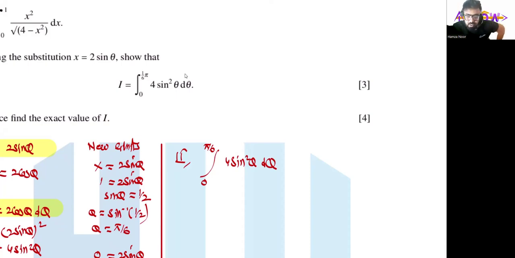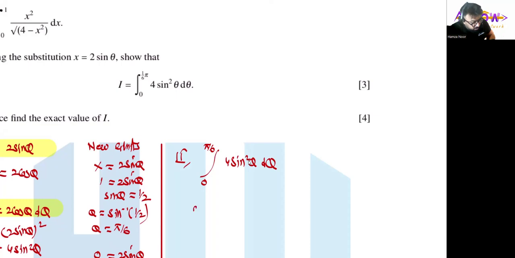For sine theta we have a square, and this cannot be integrated without using an identity, because we need to convert this into a standard integration form. The actual issue is with this square.